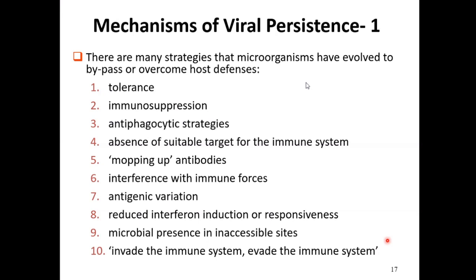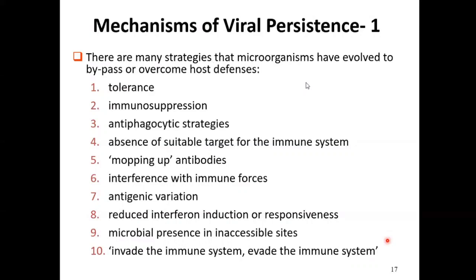Some others use immunosuppression, in the case of HIV. Some others use an antiphagocytic strategy. Others miss a suitable target for the immune system by mopping up antibodies. They clear antibodies with soluble antigen. We see that with hepatitis B, for example.